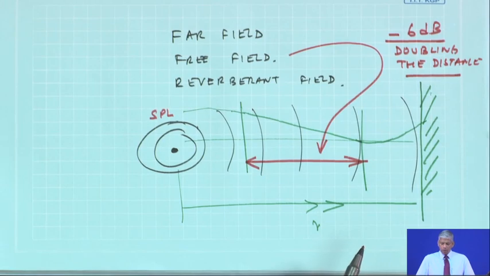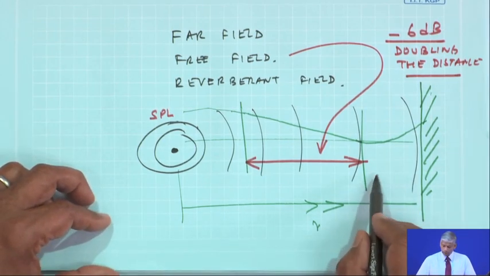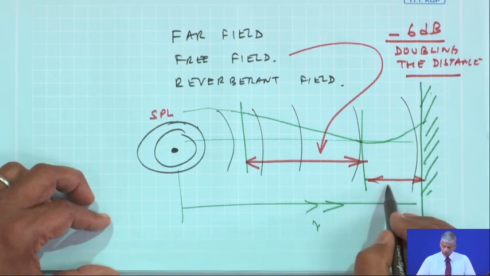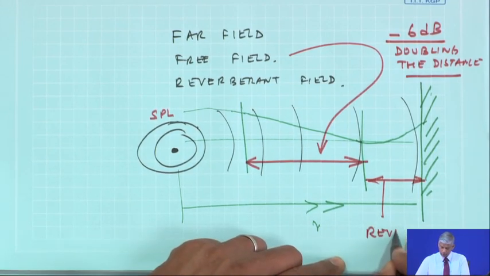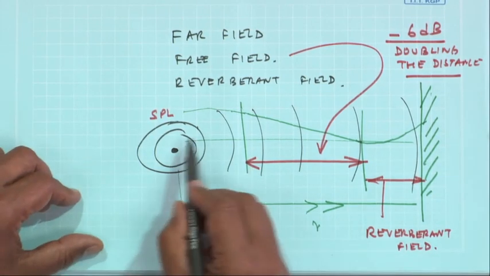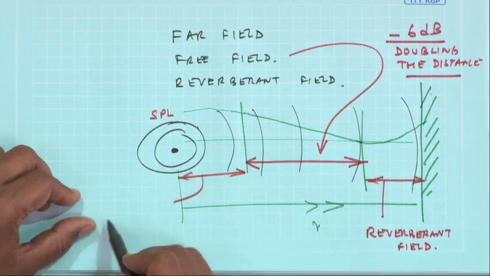Okay. Now, but when you come close to the boundary, there will be an increase, and this is what is known as the reverberant field. And very near to the surface, this is the near field.